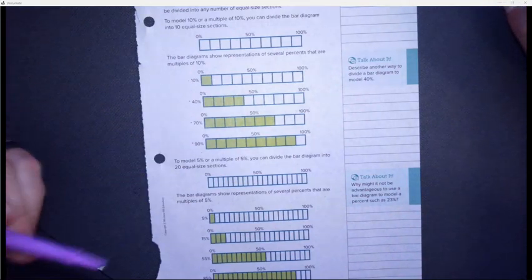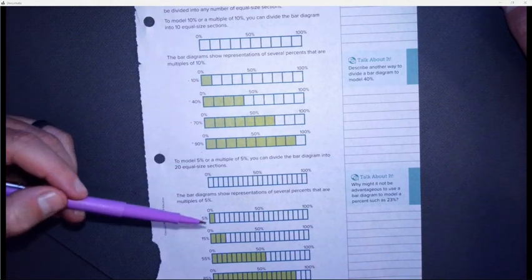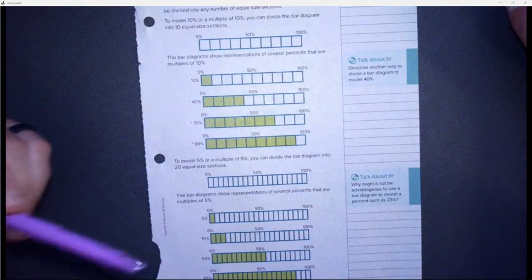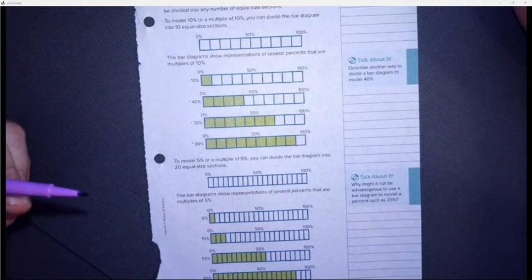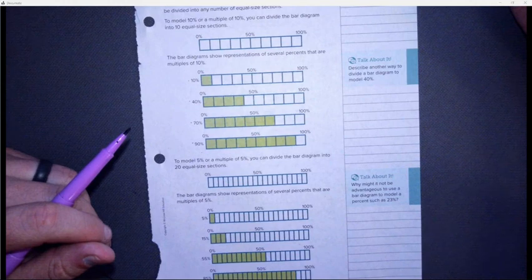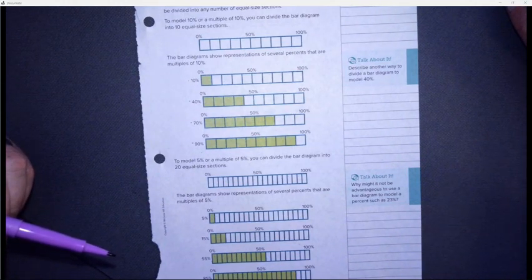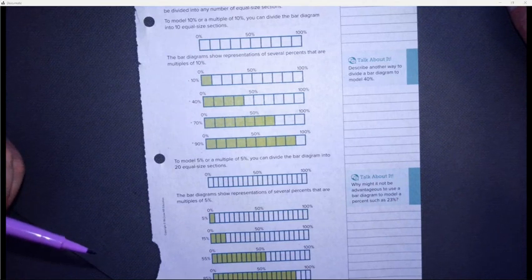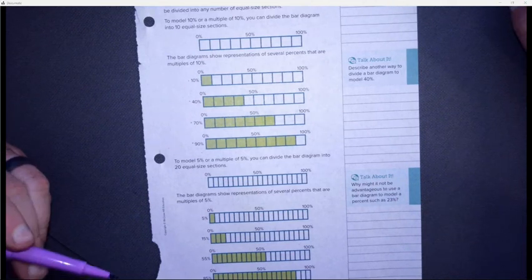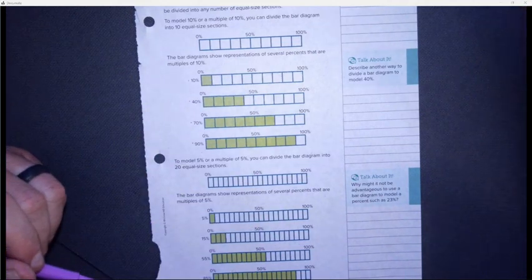Our bars can vary as 10 sections, 20 sections. I can even do 4 sections, and 100 divided by 4 is 25, so each section would be 25%. I can do 5 sections, 100 divided by 5 is 20, so each section would represent 20%. And those are the most common ways we will see a bar diagram used to model a percent.